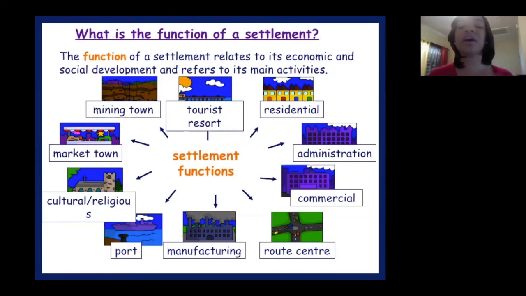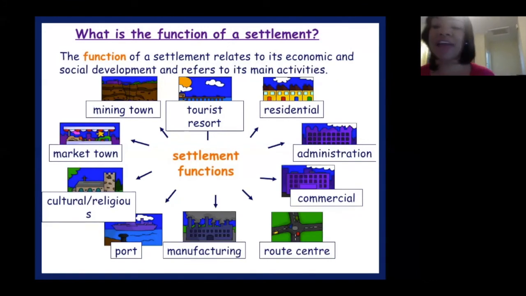These are the different functions that a settlement provides. We have tourist resort, also called tourism. Your settlement can also provide a residential service. You also have administration, commercial, and road centers.